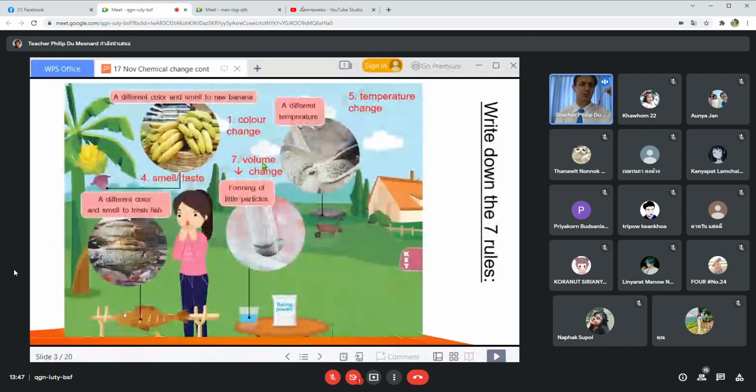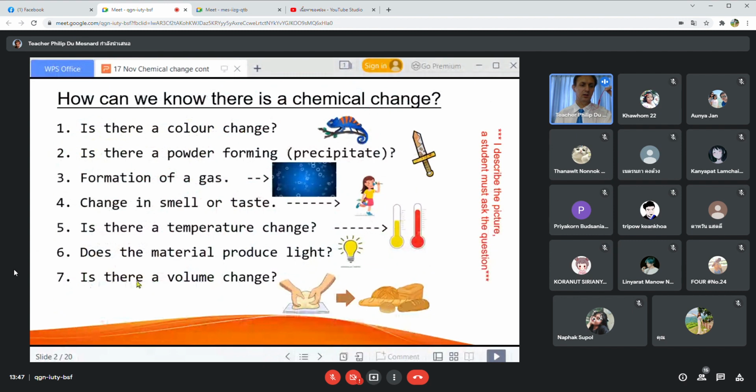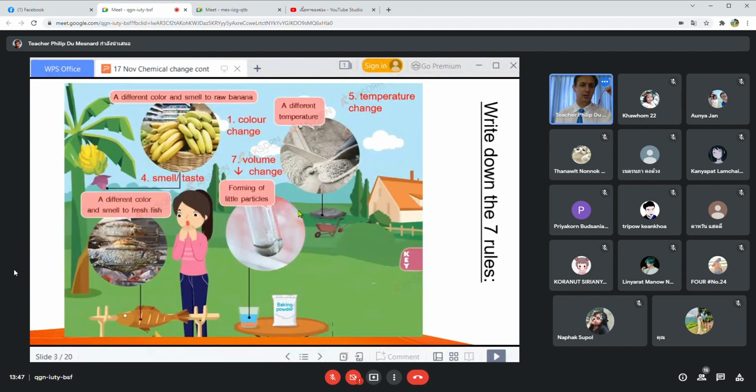And 7, volume change, is like question 7, which says, is there a volume change? So every number has the question. And if you ask the question, you know, is it a chemical reaction, yes or no? Okay, so teacher will show you more examples of chemical reactions.